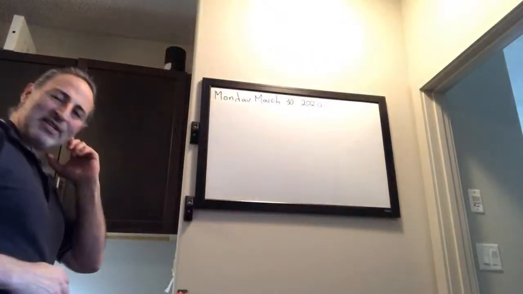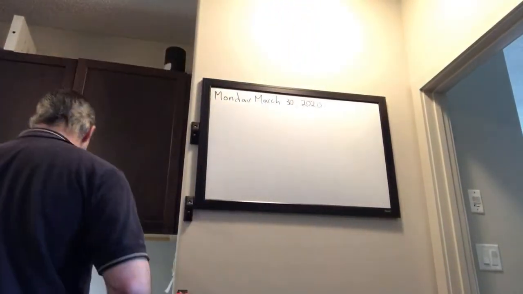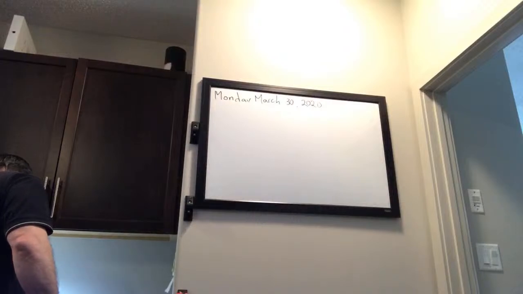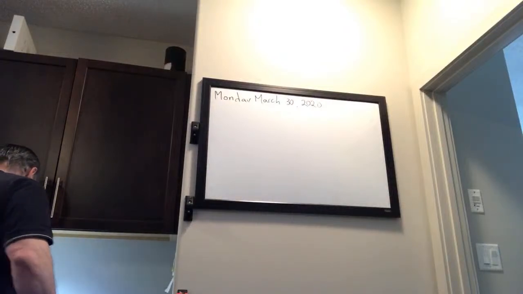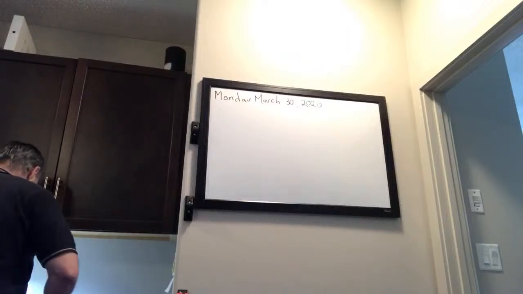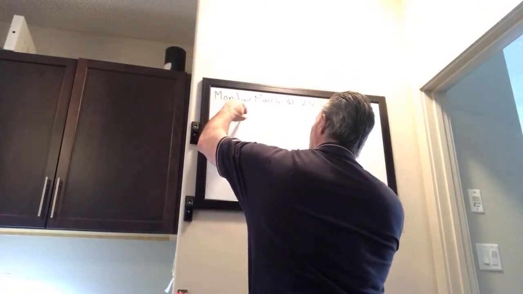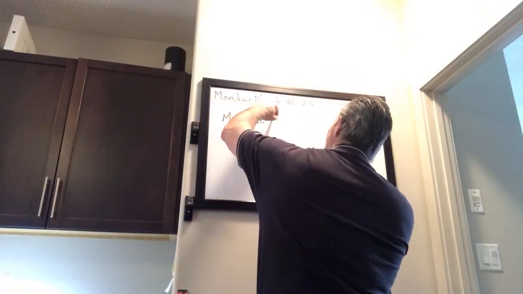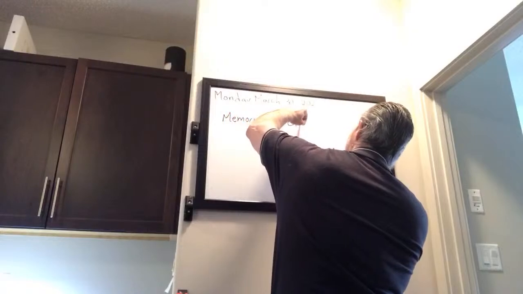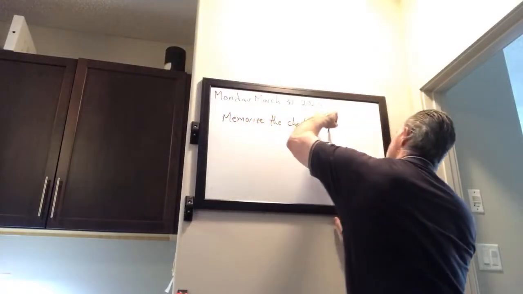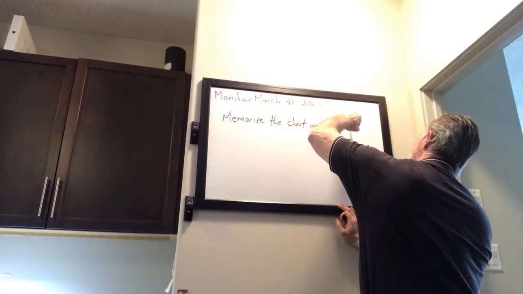Let's do a couple of examples. I'll show you how the, what pages did I say to memorize? Okay, 351 and 354. So memorize the chart on pages 351 and 354.